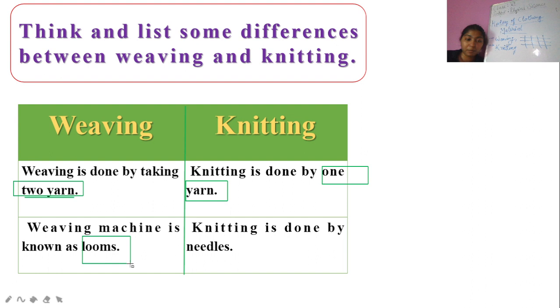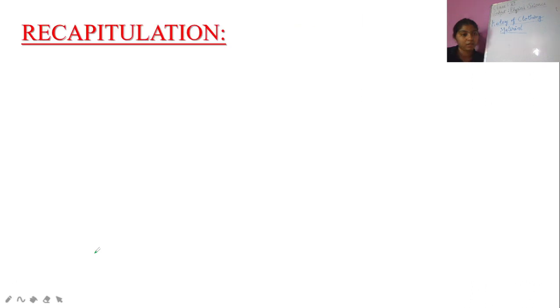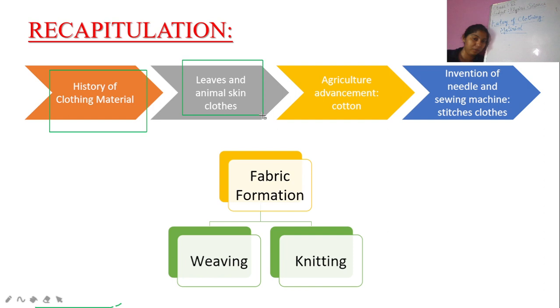So check your answer, students. Do you get the same answer or not? Now students, let's recap what we have discussed in today's class. Basically today we have discussed the history of clothing material. Then we talked about the leaves and animal clothes used by humans to cover their body. Then we talked about the agriculture advancement which came out as cotton, right?